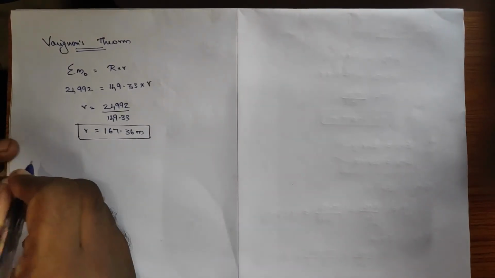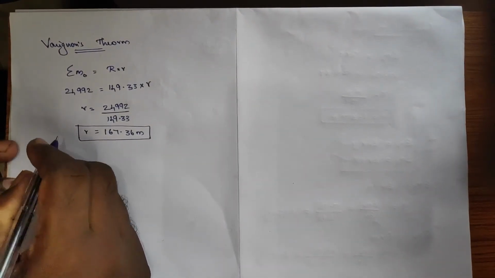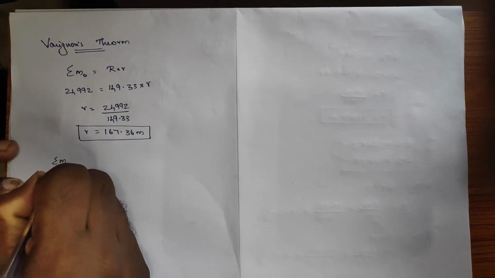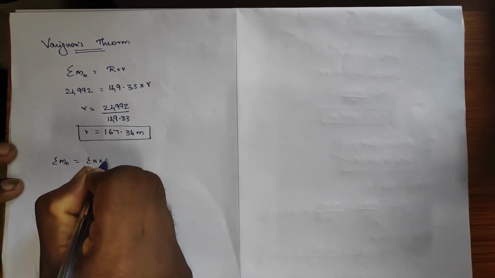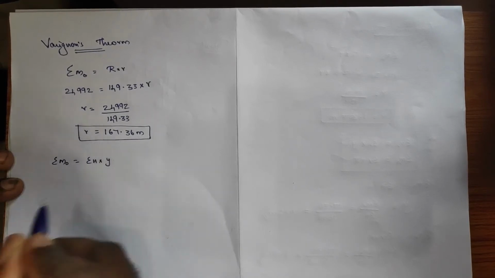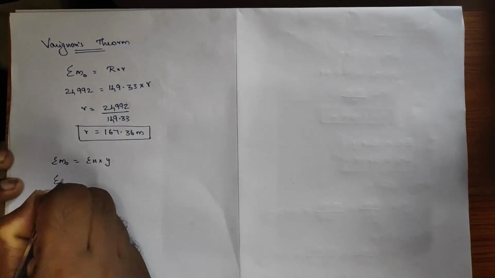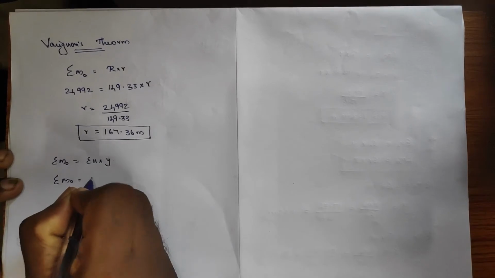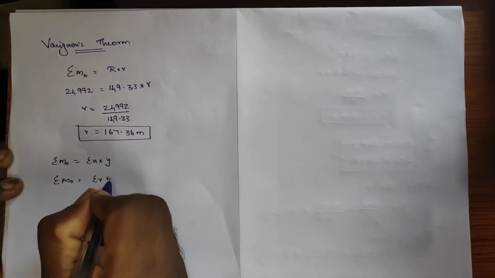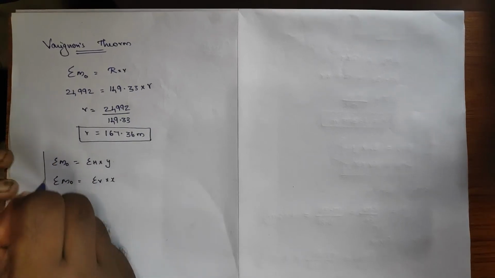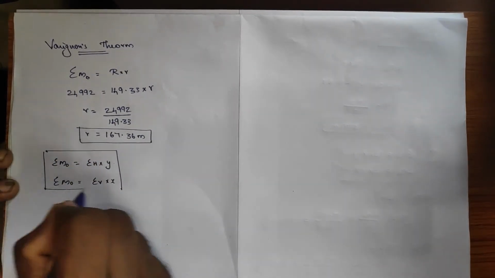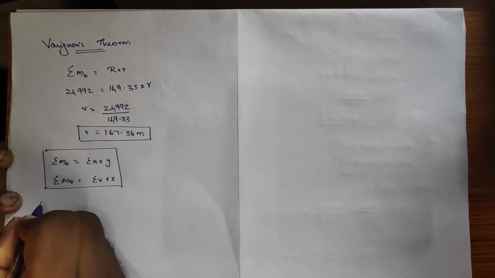For the summation of H, the moment about O is equal to the sum of horizontal force into its perpendicular distance, which is y. For the sum of vertical force, we get the sum of vertical force into x. So one by one we can substitute it.